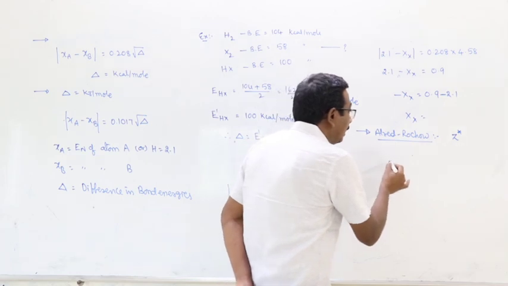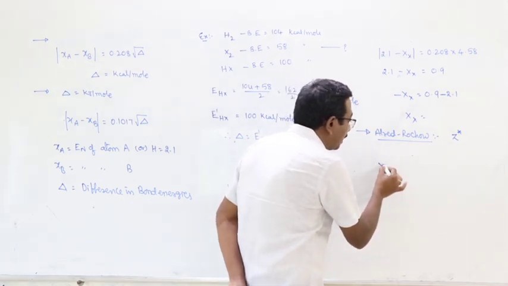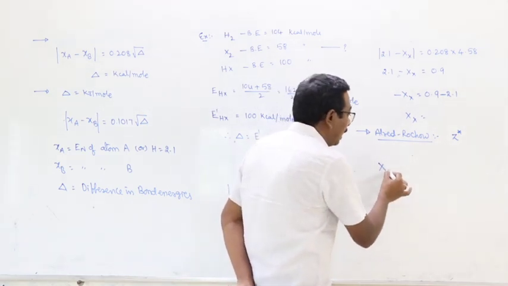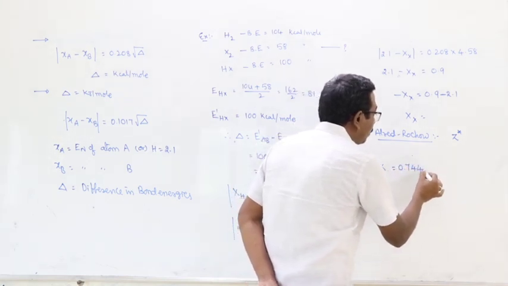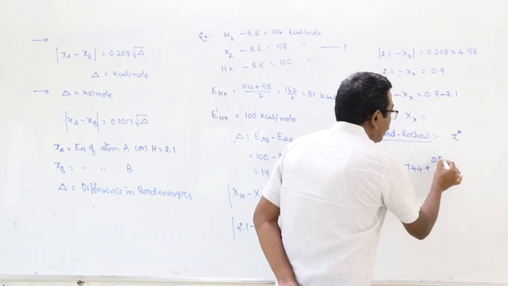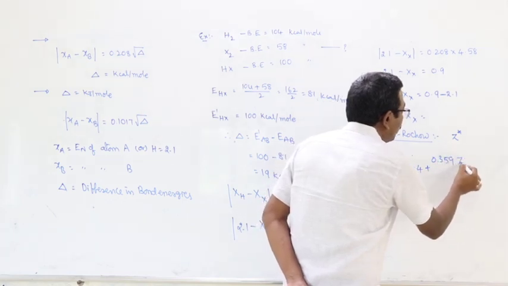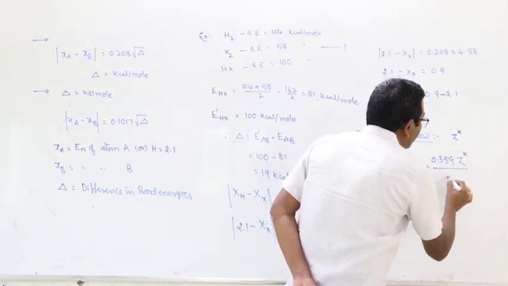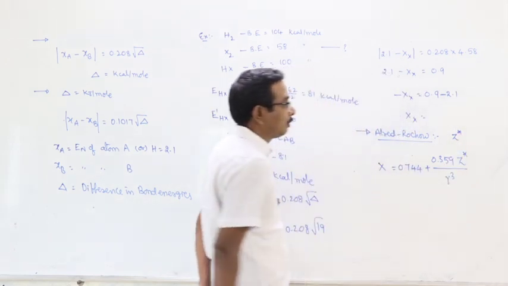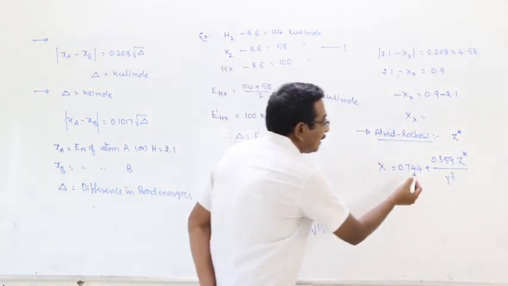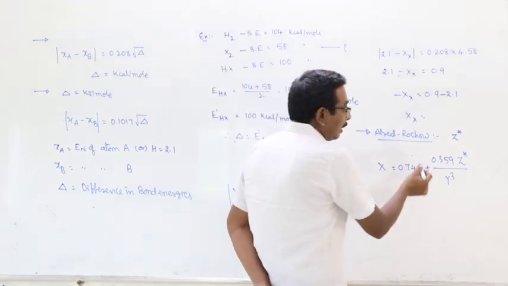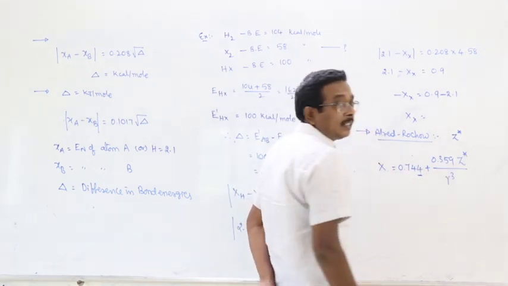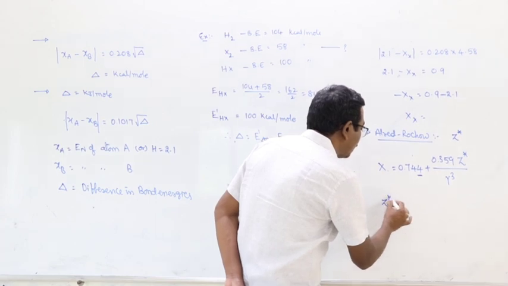And here, electronegativity of an atom of an element is equal to 0.744 plus 0.359 into effective nuclear charge by r cube. And here this is the error correction. And next one, Z star is the effective nuclear charge.